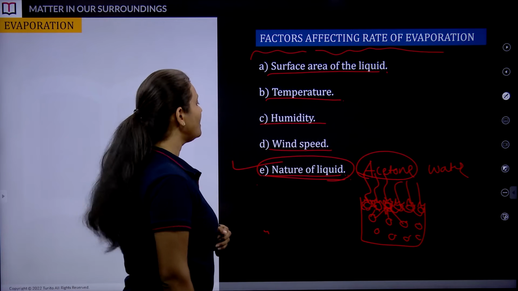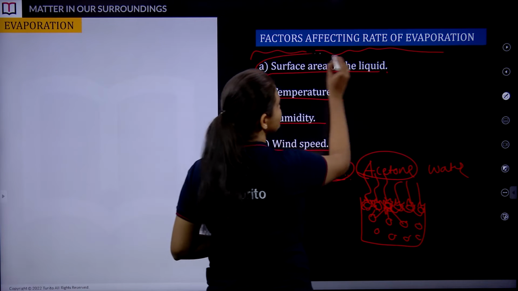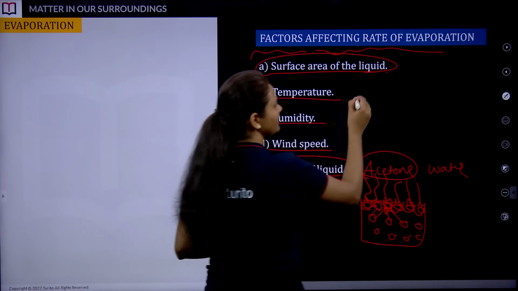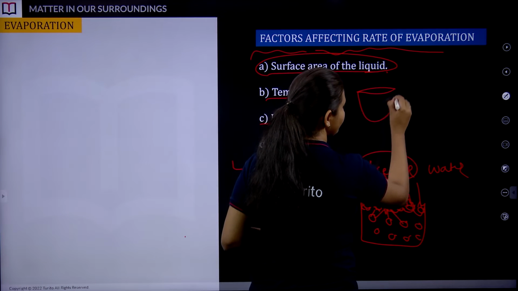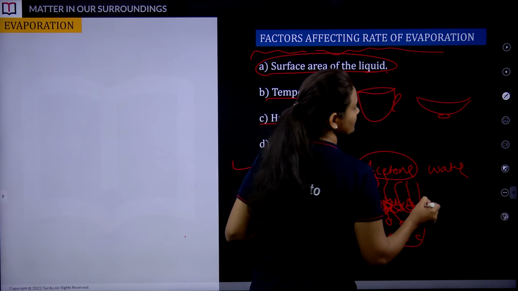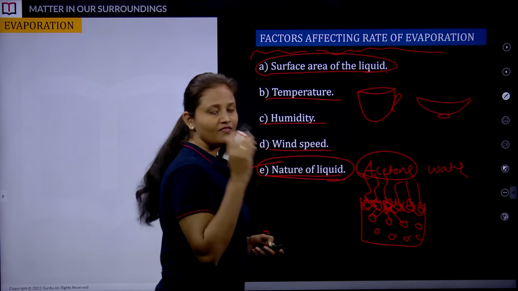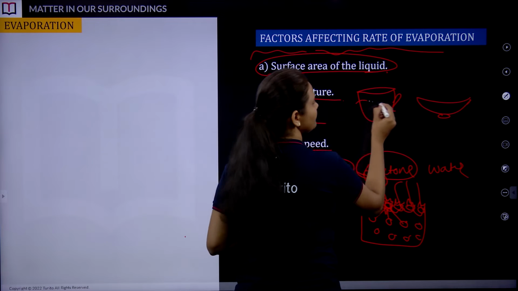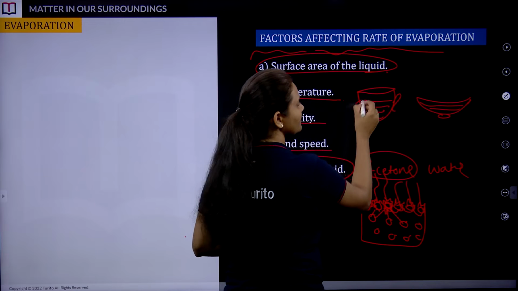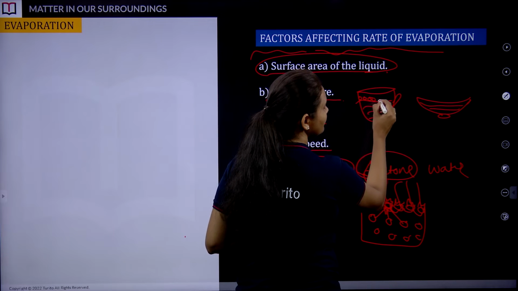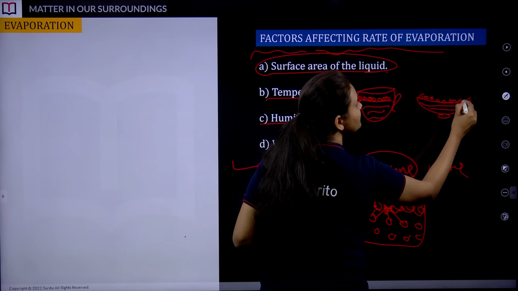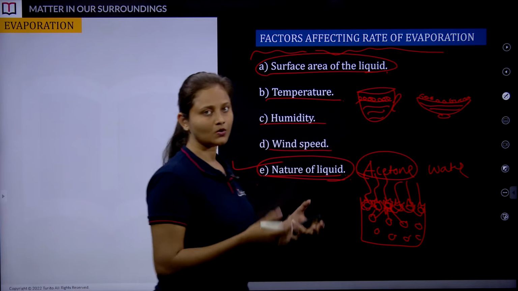All right. Next, let's talk about surface area. Just now we covered drinking tea from a cup versus drinking tea from a saucer. Consider this is a saucer. The tea molecules in the cup are getting lesser area than the area present in the saucer.